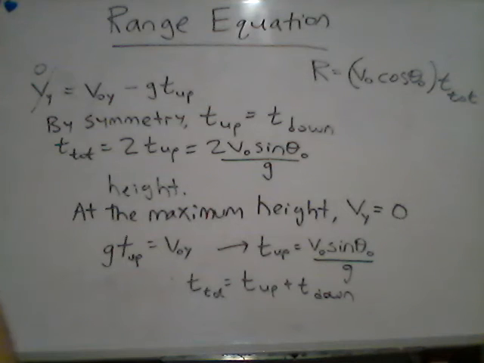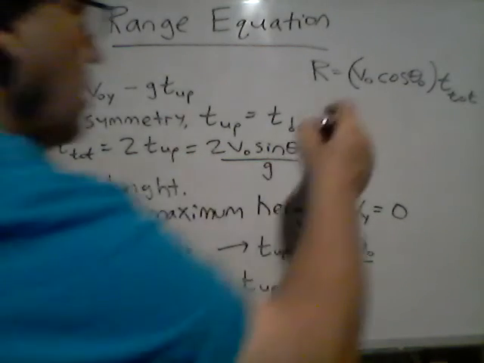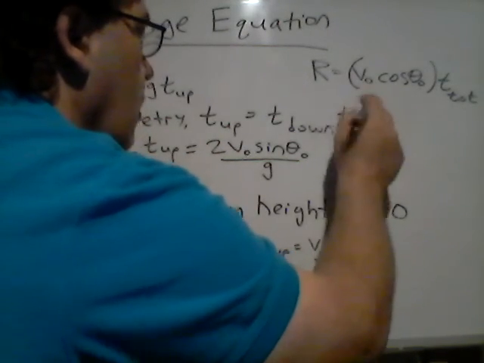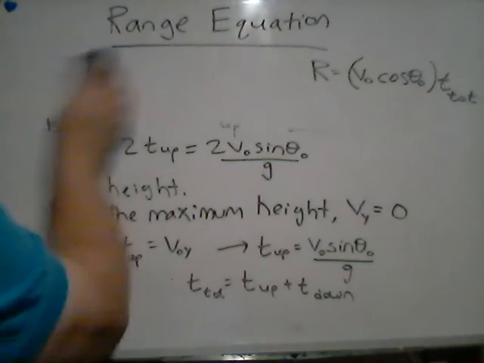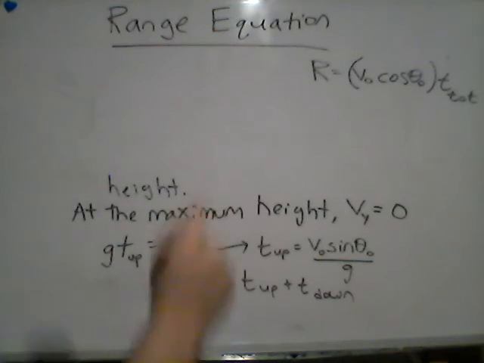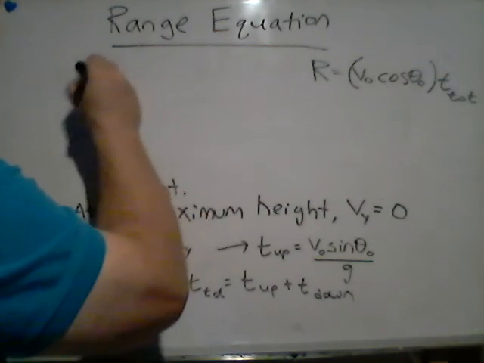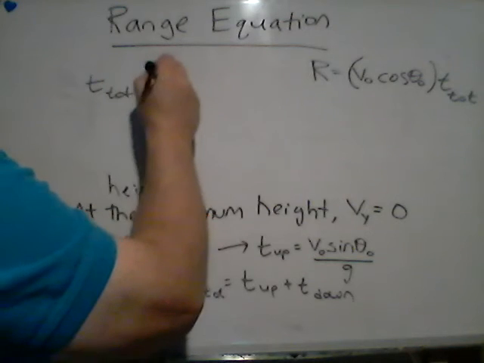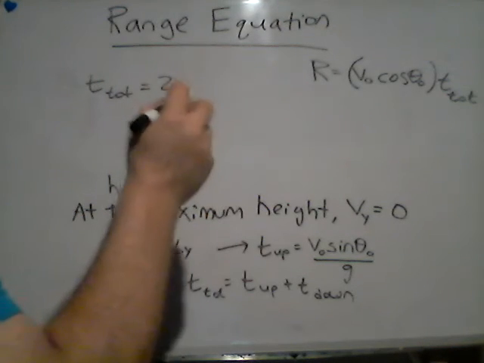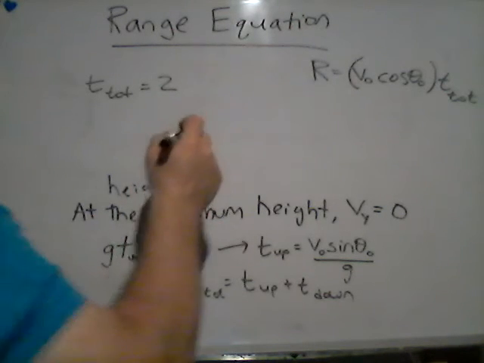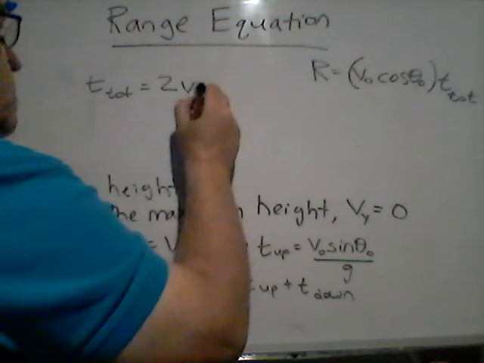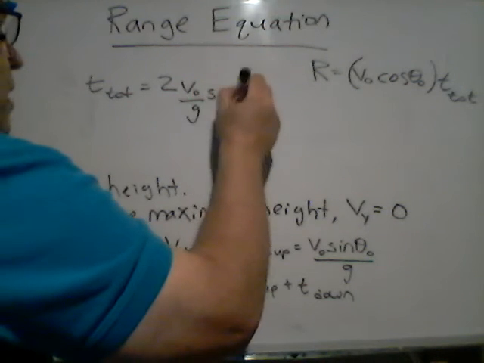And so I now know that the total time, as I just got done seeing here, is 2 v naught over g sine of theta naught.